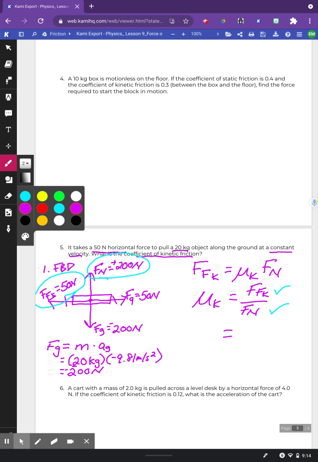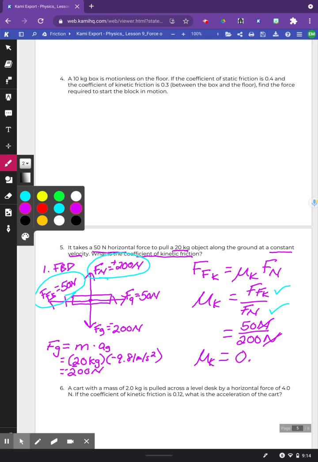So my force of friction is 50 newtons. My force of normal is 200 newtons. Plug that into my calculator. Both of these will cancel, which is good because coefficient of friction does not have units.